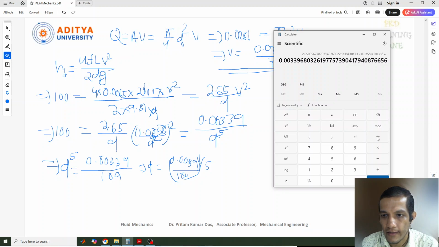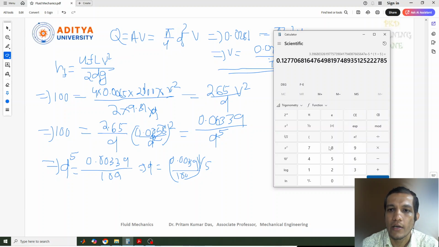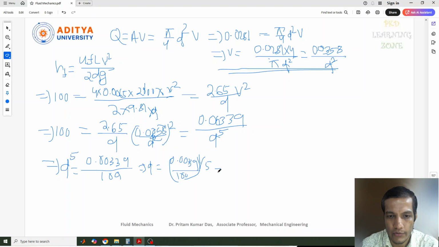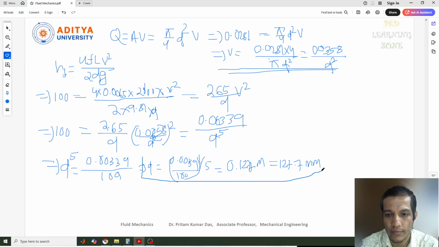Again this one divided by 100, now to the power bracket 1 divided by 5 close, 0.1277. So we got 0.1277 meter. If you want to convert in terms of millimeter or centimeter, that also you can write. So 127.7, this is millimeter. So this is the diameter of the pipe.